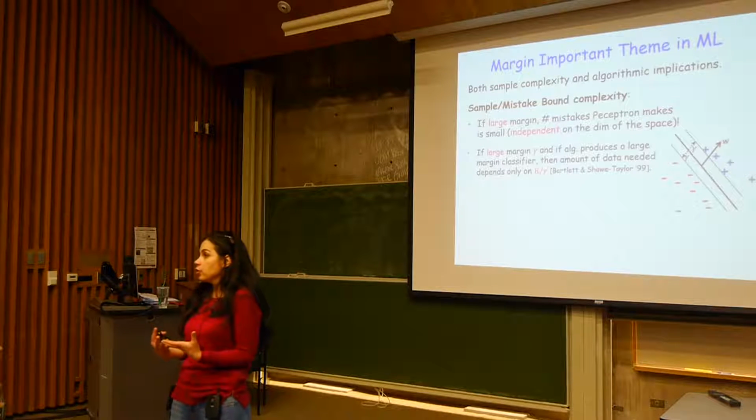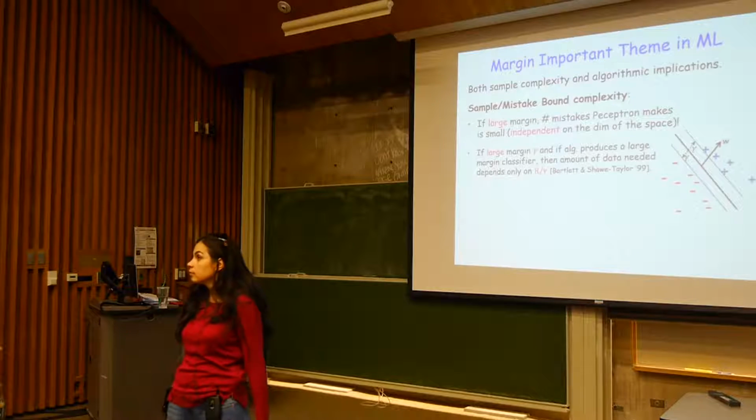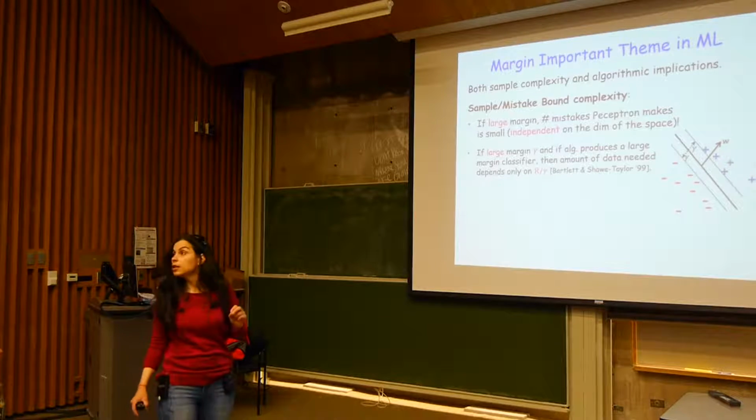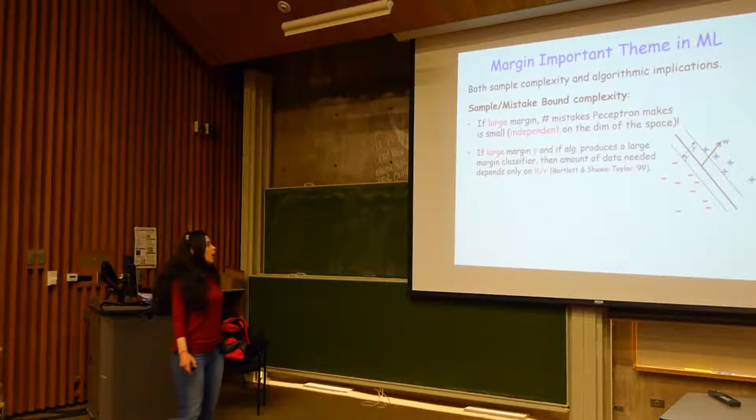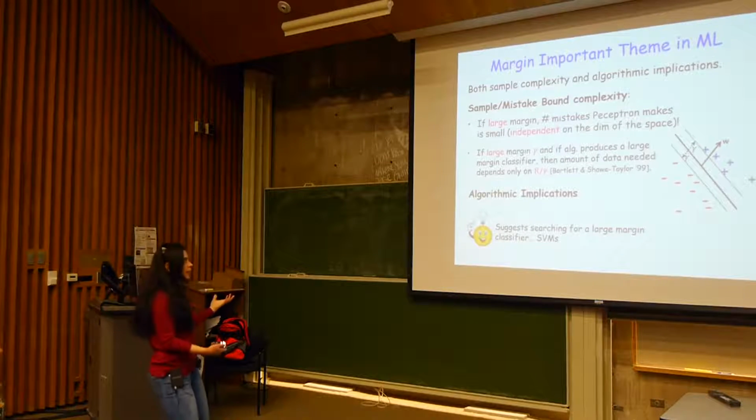It depends only on the margin. And again, this is independent of the dimension of the ambient space. So this is a very interesting sample complexity statement. It's kind of cool to know. And actually, it has immediate algorithmic implications.